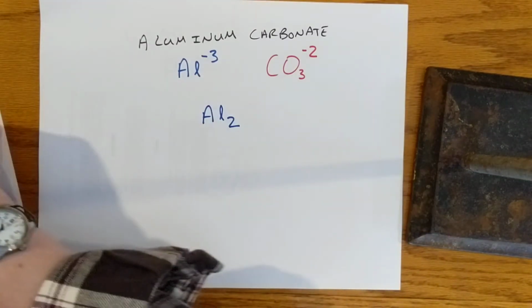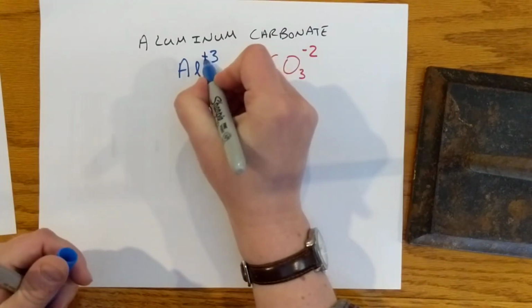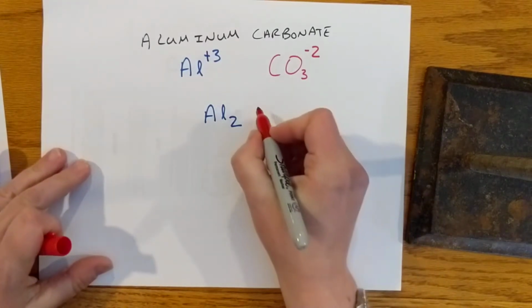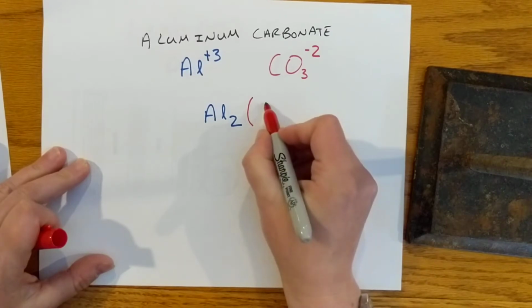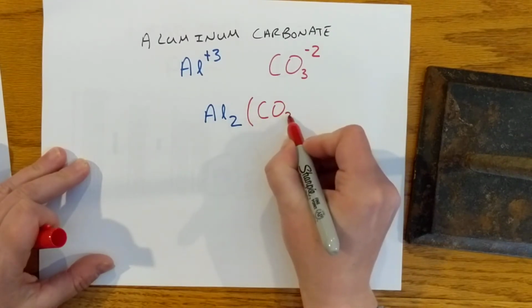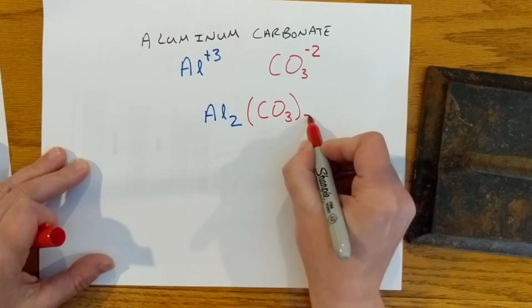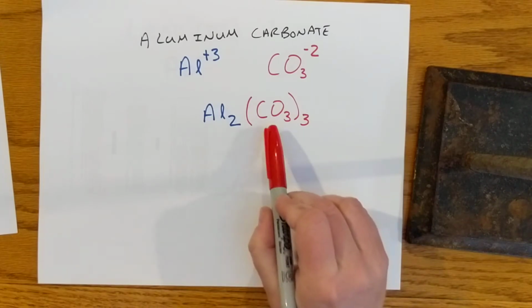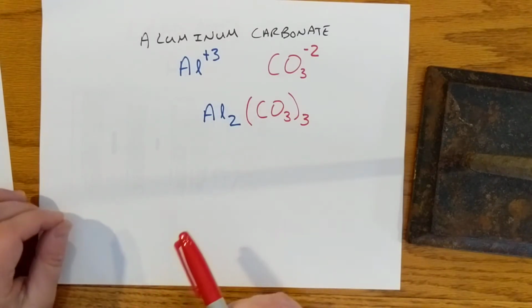Oops, and actually this aluminum, that should have been a +3 charge all along. I'm sorry about that. Now I'm going to put this carbonate in parentheses and give that a 3 subscript. So that's telling me that I have 3 of everything inside.